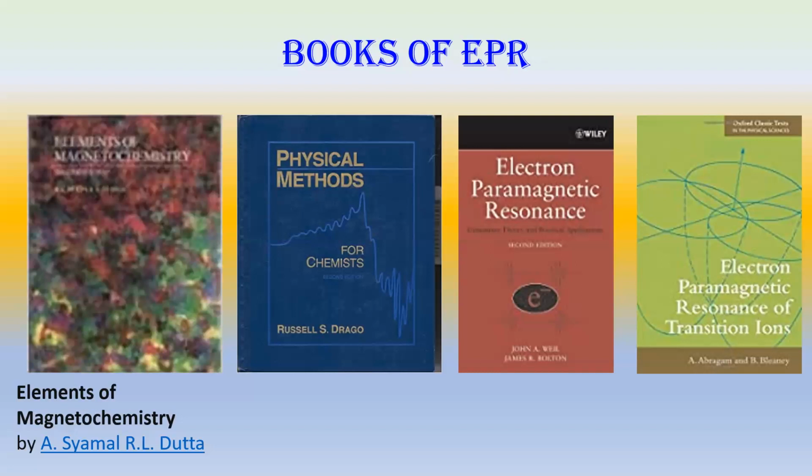And finally, I would like to share this book, Electron Paramagnetic Resonance by Abragam and Bleaney. The name is somewhat confusing, but this is the book for those who are really interested in learning EPR spectroscopy.